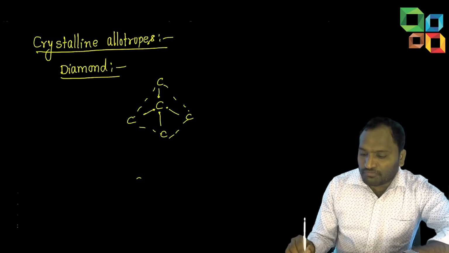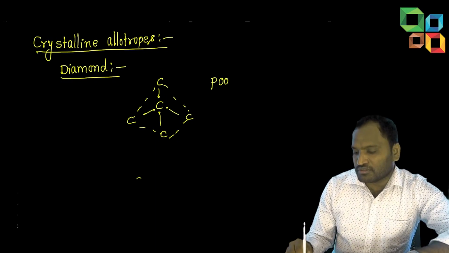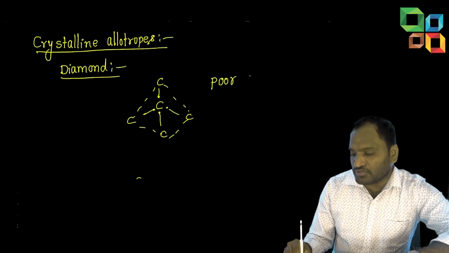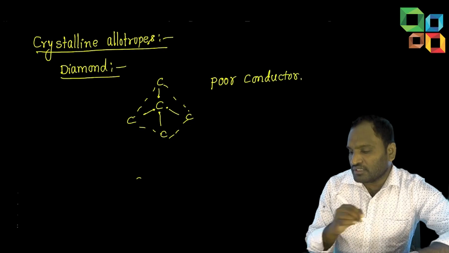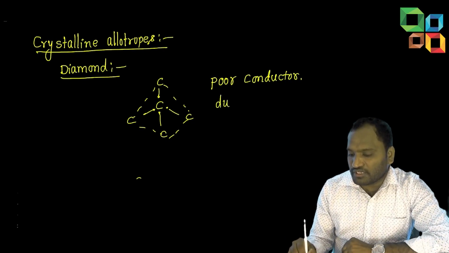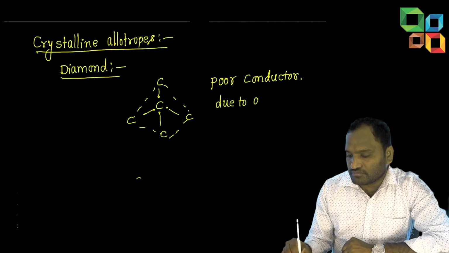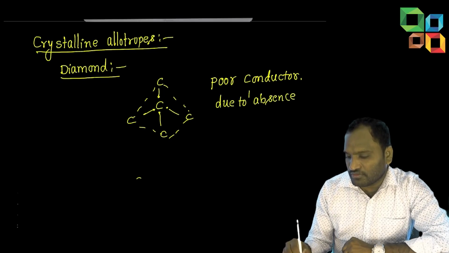So if free electrons are not there, the compound acts as a poor conductor. That is the reason diamond is a poor conductor: due to the absence of free electrons.